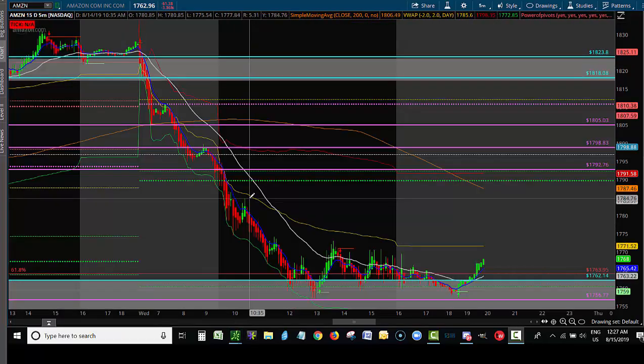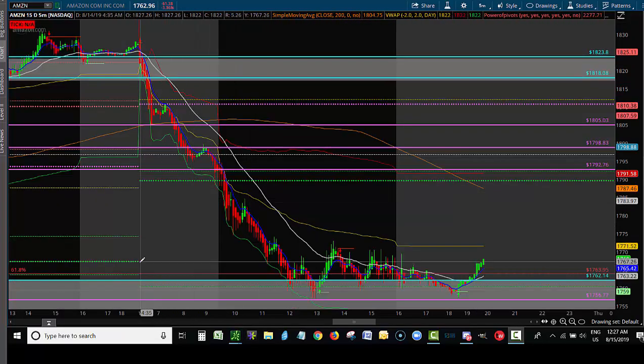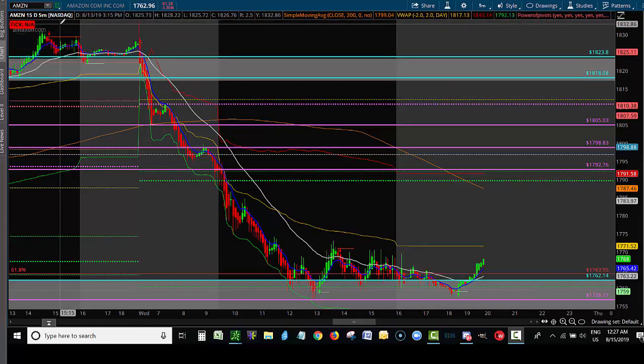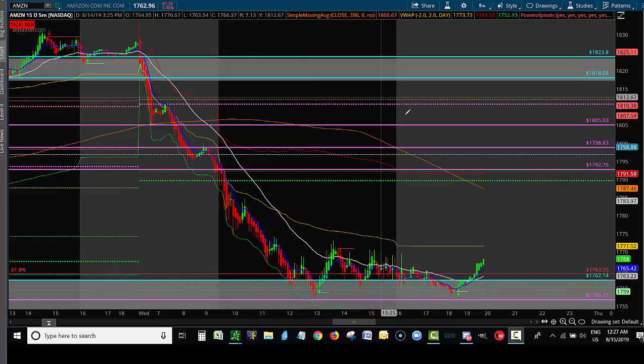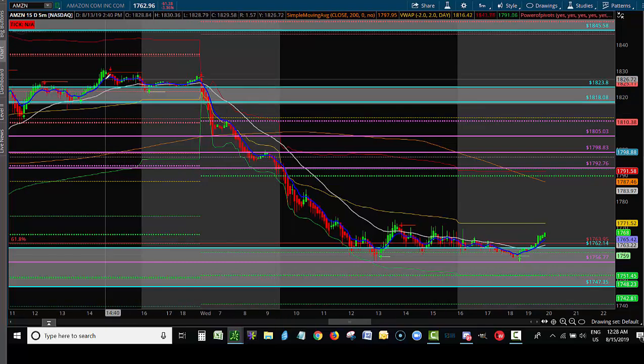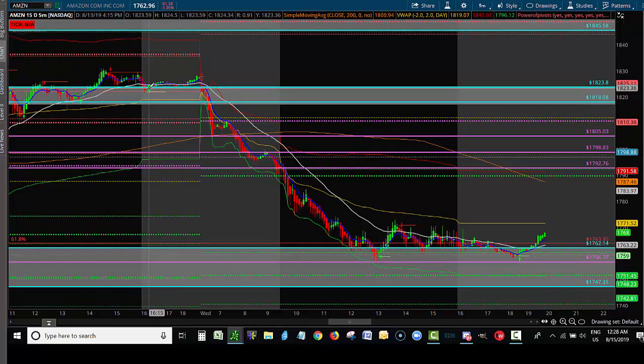So here we are on the 5-minute chart. Yesterday, we closed the market right above the 1823 area, which gave us a slight indication of being bullish, that we can hold this supply demand zone and that the buying could come in and push us to the next supply demand zone. But what did they do overnight? Banana in the tailpipe.